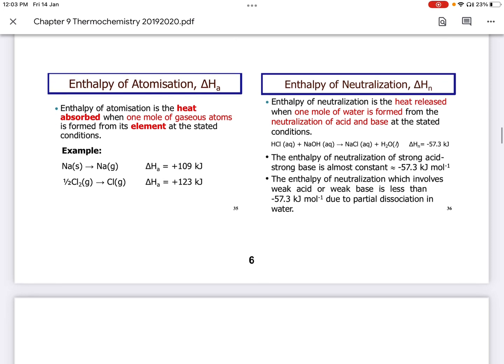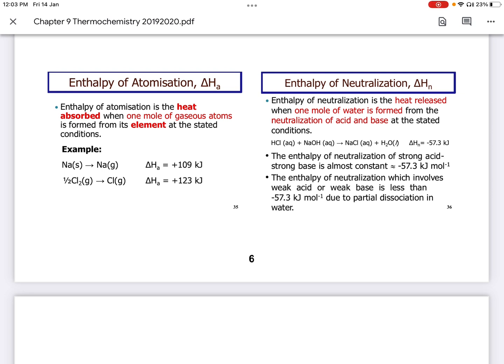Enthalpy of neutralization pula is the heat released when 1 mole of water is formed from the neutralization of acid and base at stated condition. Kalau standard enthalpy of neutralization, heat released when 1 mole of water is formed from the neutralization of acid and base at standard condition, bracket 298 Kelvin and 1 atm.